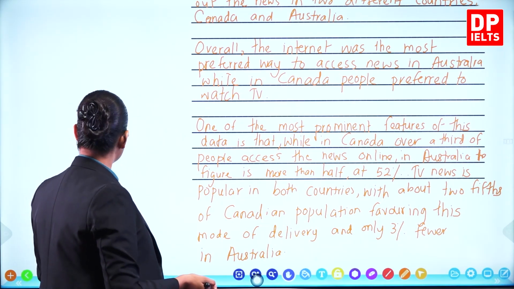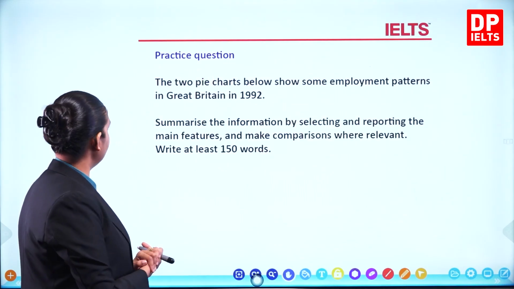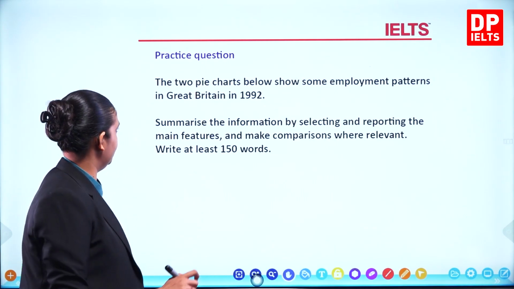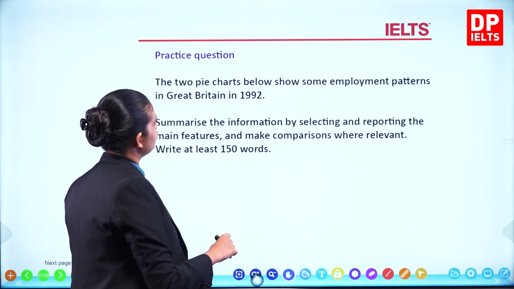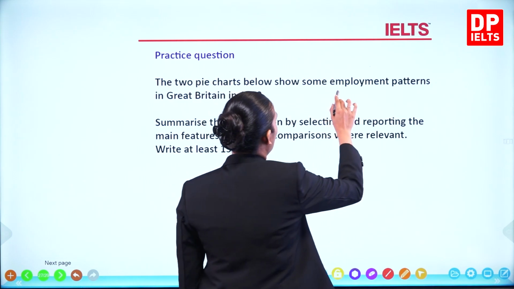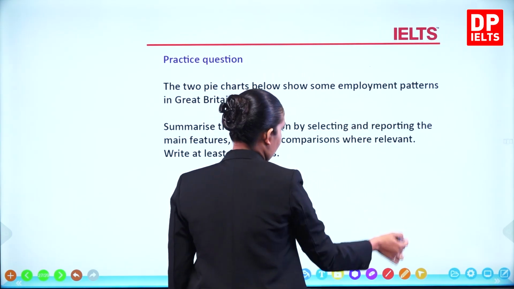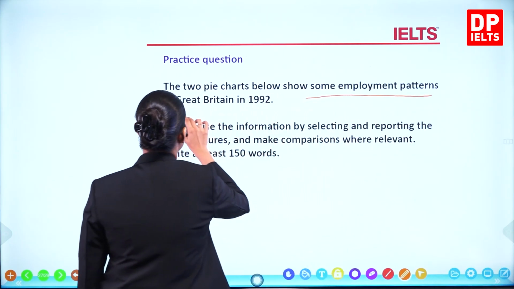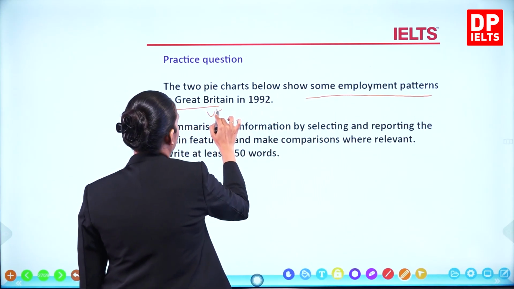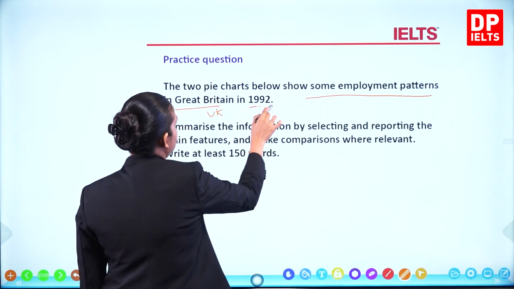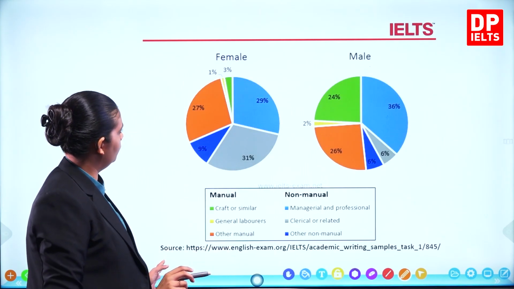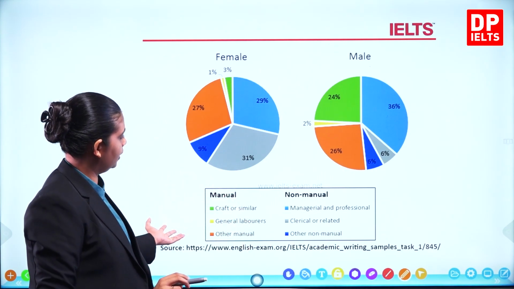All right. So the next one, you can do it as homework on your own completely. The two pie charts below show some employment patterns in Great Britain, which is UK, right, in 1992. So coming here you go. Female, male, right?